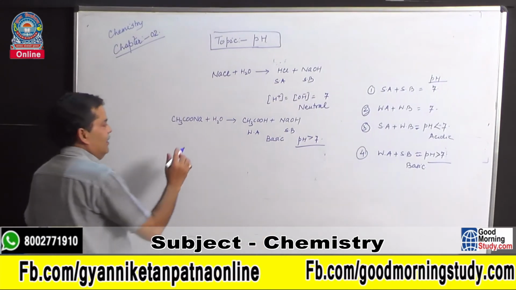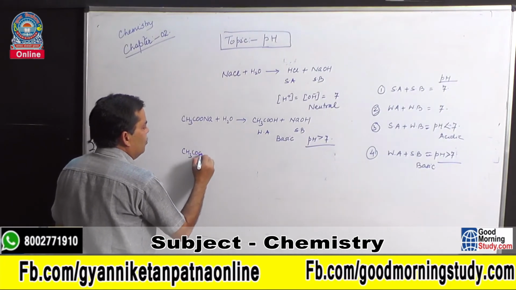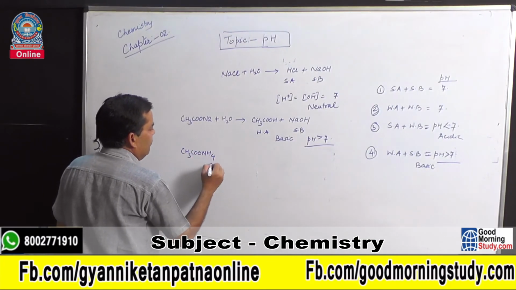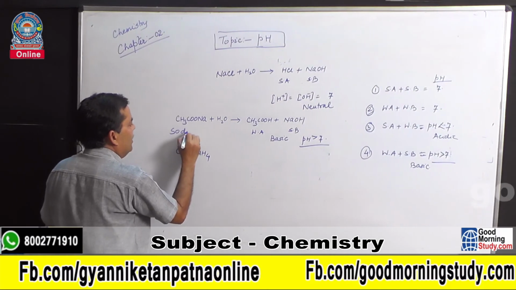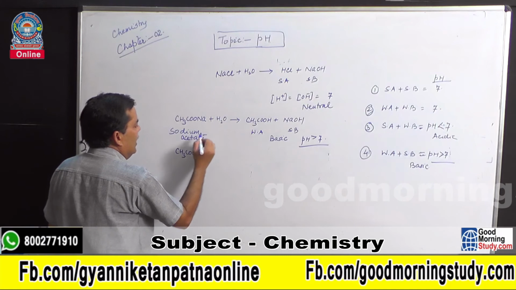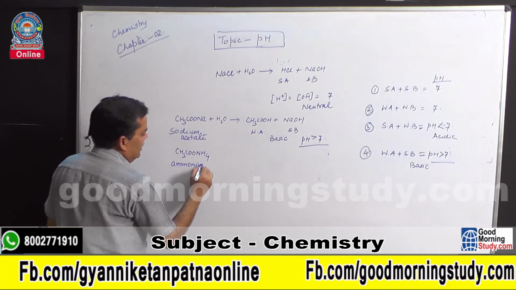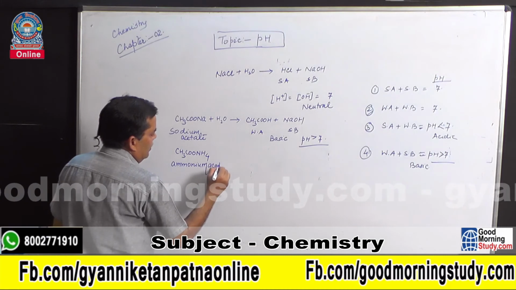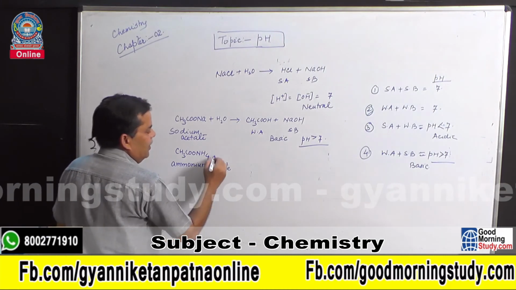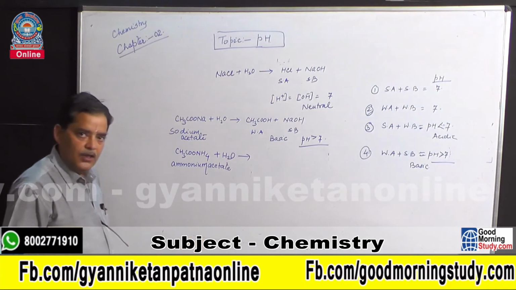Now another is CH3COONH4. The previous one was sodium acetate, and this one is ammonium acetate. First of all, we will write the reaction with water.